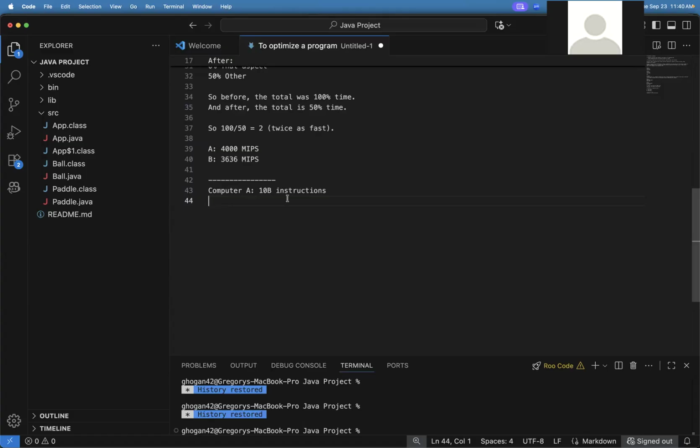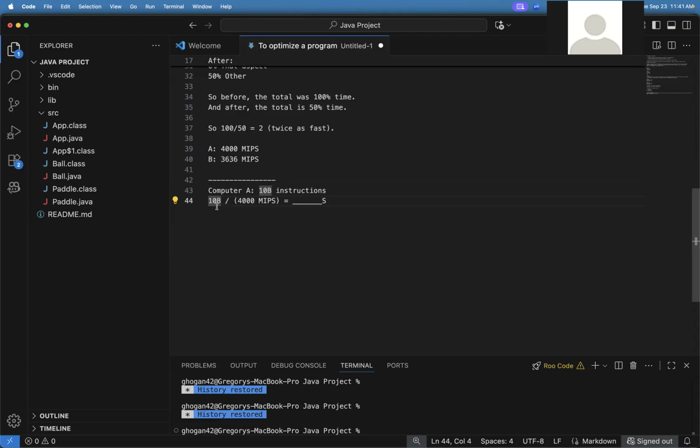MIPS is millions of instructions per second, so we're going to put that in the denominator, and the seconds will end up in the numerator, if that makes sense.